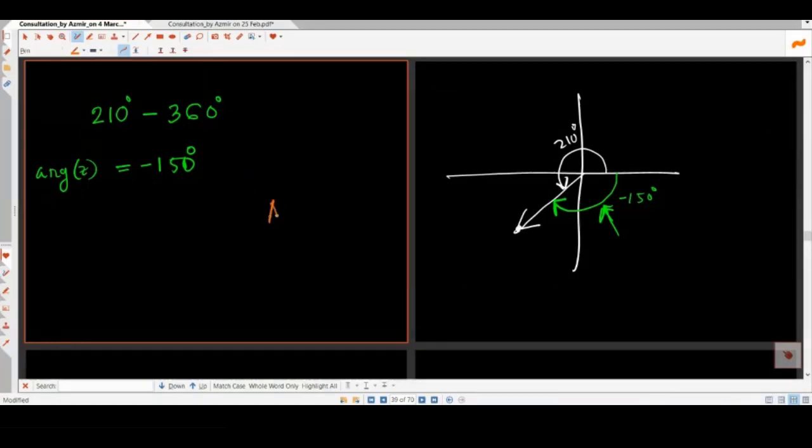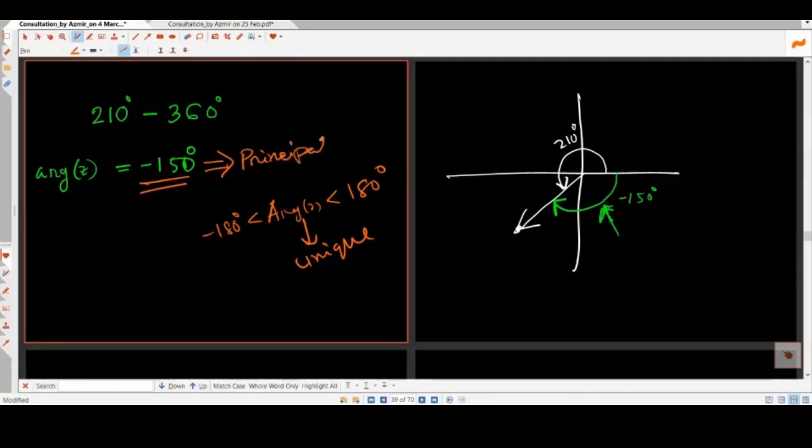So principal argument lies in between negative 180 degree to positive 180 degree. It can also be 180 degree, but this is unique. Only one value we will find out of all the arguments. So now tell me, is it the principal argument? Yes, sir. Yeah, principal argument. So we have found our principal argument.